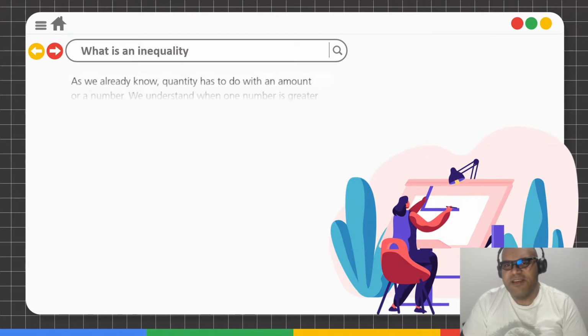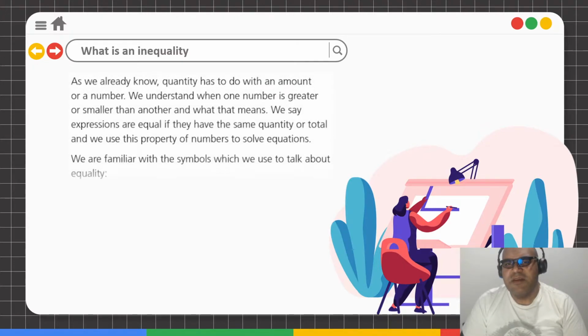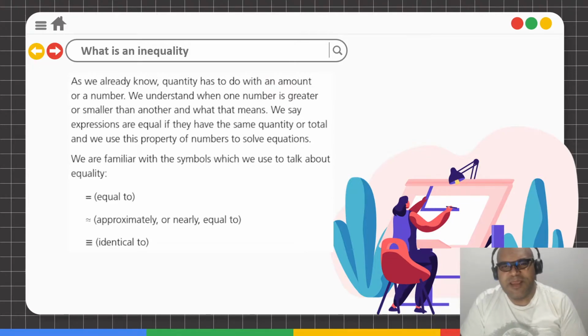Attention here. Inequality, guys, let's talk about this. As we already know, quantity has to do with an amount or a number. We understand when one number is greater or smaller than another, and what that means. We say expressions are equal if they have the same quantity or total, and we use this property of numbers to solve equations.